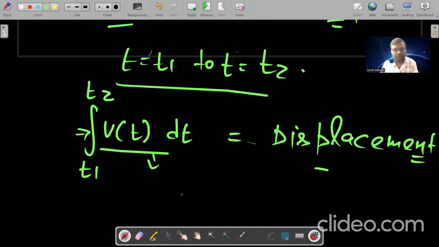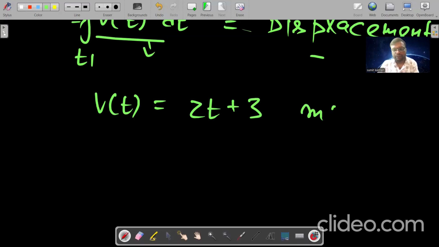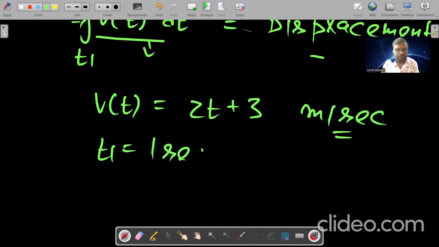Now, friends, let me give you one example. Suppose your velocity is a function of time and it is given by 2t plus 3 meter per second. The unit of velocity is meter per second, and the time intervals are t1 is equal to 1 second and t2 is equal to 4 second.